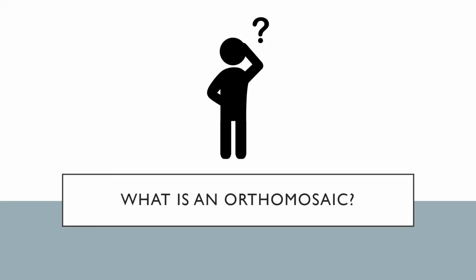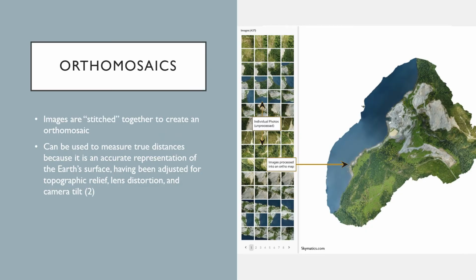Now, I mentioned orthomosaic a few times. What exactly is an orthomosaic? So orthomosaics are basically what I alluded to in that saguaro slide, where we're taking all of our photos and stitching them together to create this large picture that we refer to as an orthomosaic.